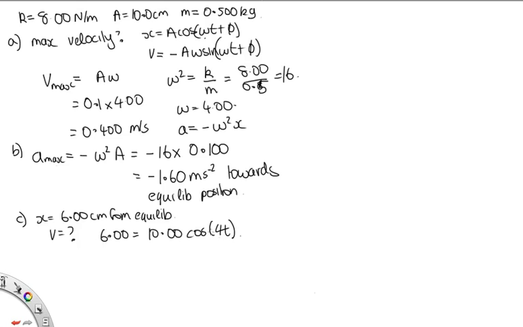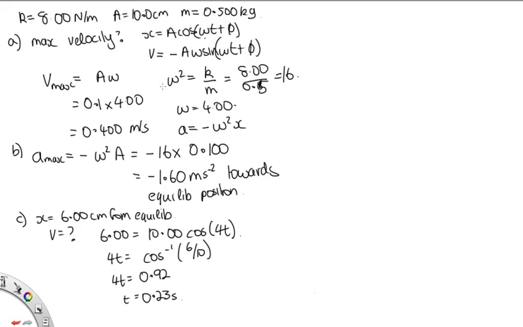And so solving it for t, we've got 4t is equal to the inverse cos of 6 over 10. Now, it's important to make sure that your calculator is in radians. And so solving that on the calculator, we get 4t is equal to 0.92, and so t is equal to 0.23 seconds.